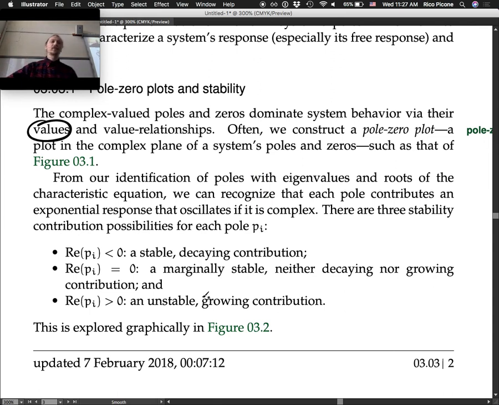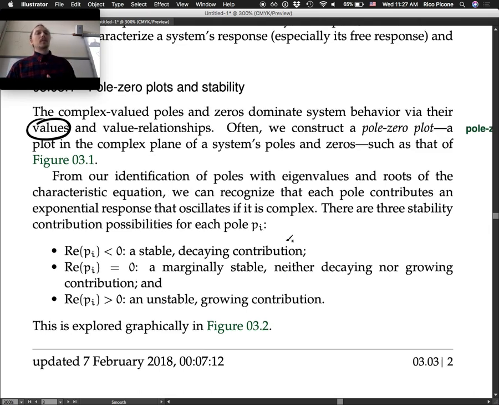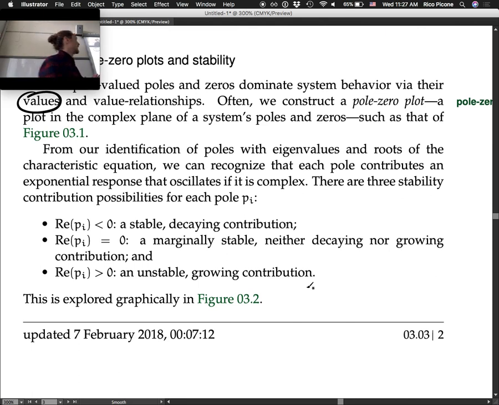So from our identification of poles and eigenvalues and roots of the characteristic equation, we can recognize that each pole contributes an exponential response that oscillates if it is complex, right? Remember when we did that for roots of the characteristic equation for a second order system, we got an oscillation if there was an imaginary part. There are 3 stability contributions possible for each pole p_i.